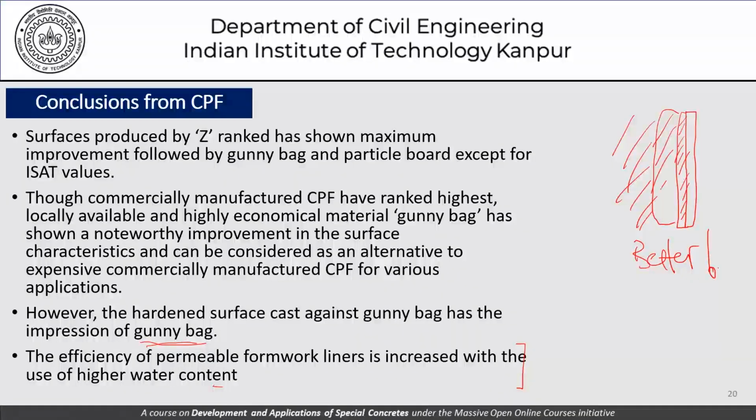These properties will be better if we have a CPF liner. Now what CPF liner to use? Of course the experimental study that I showed you showed that the commercially available CPF liner is the best, but the gunny bags, for example, did not prove to be too bad an option, especially if you want to consider the economics of the operation as well. Now, having completed this discussion with respect to the CPF liners, let's try to talk of something completely different.